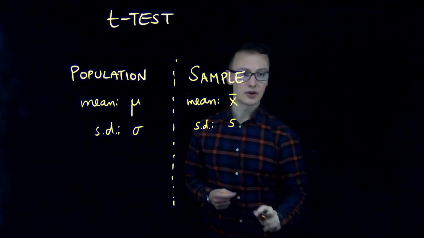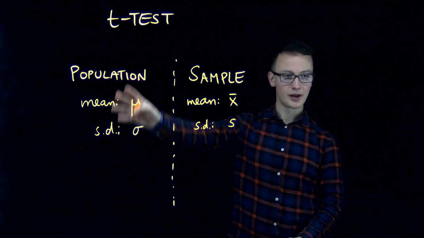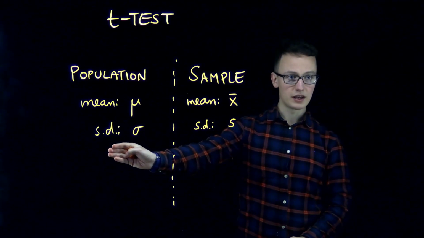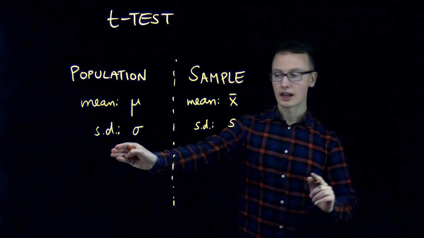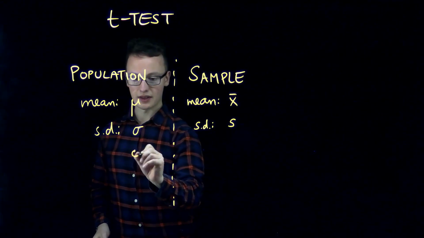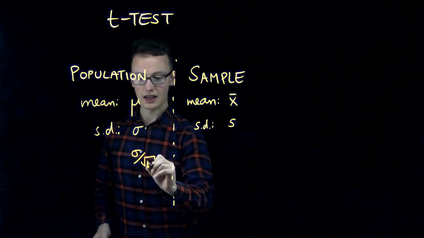Then we also saw that, based on the population parameters, we could think about the sampling distribution of the mean, whose standard deviation is called the standard error. The standard error was nothing else than sigma divided by the square root of the sample size n.